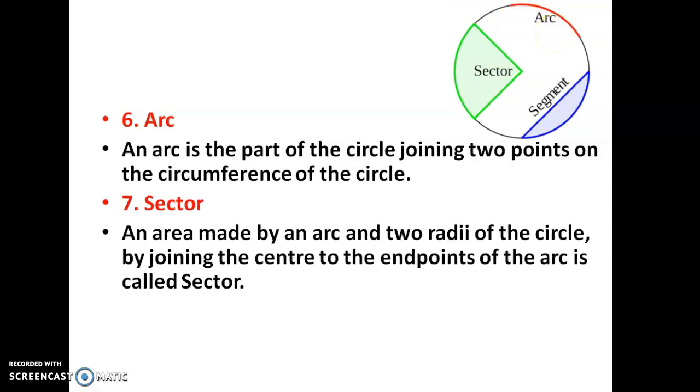Sector: an area made by an arc and 2 radii of the circle, by joining the center to the end points of the arc, is called a sector. You see in the diagram, this is an arc on the circumference. From the end point of the arc to the center, that is one radius, and from the center to the other end of the arc, that is one more radius.